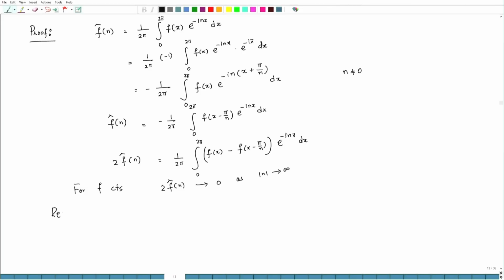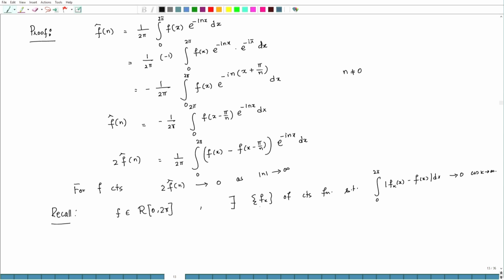Recall that we have seen this: for f in R of 0 to 2 pi, a 2 pi periodic Riemann integrable function, there exists a sequence f k of continuous functions such that the integral 0 to 2 pi of mod of f k of x minus f of x dx goes to 0 as k goes to infinity.